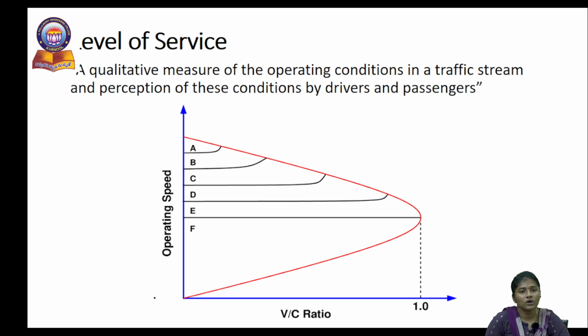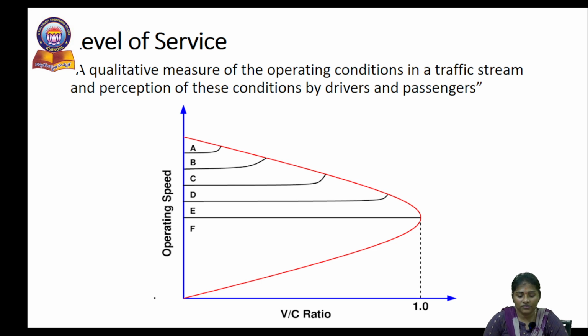So next we have level of service. Level of service is a qualitative measure of operating conditions in the traffic stream, and it is a perception of these conditions by drivers and passengers, that is, road users.